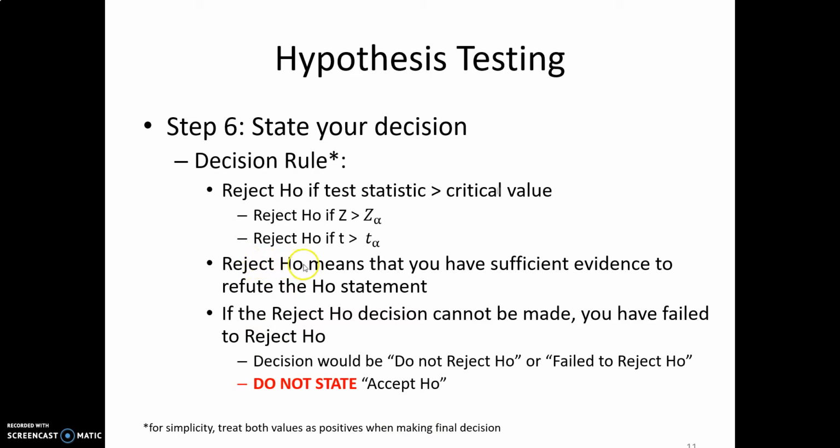To reject the null hypothesis means that we have sufficient evidence, good enough sample evidence, to refute the null hypothesis. If the null hypothesis cannot be rejected, we have failed to reject the null hypothesis. So your decision will be to not reject the null hypothesis, which means the same as fail to reject the null hypothesis, or it will be to reject the null hypothesis.